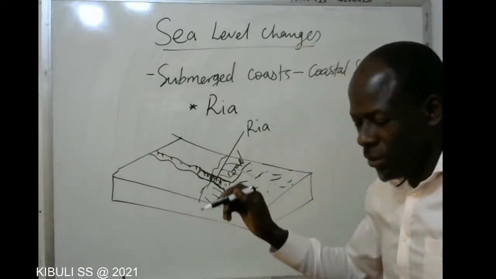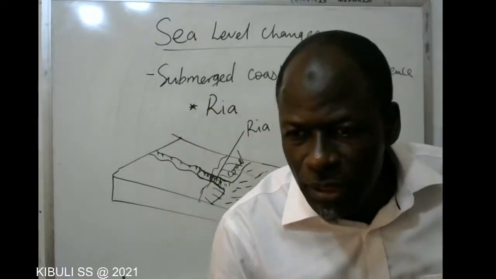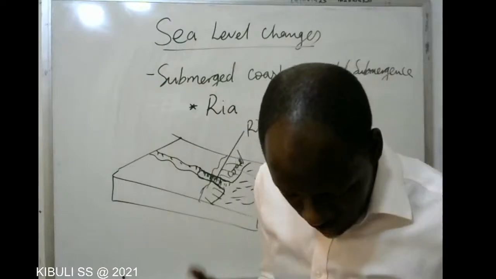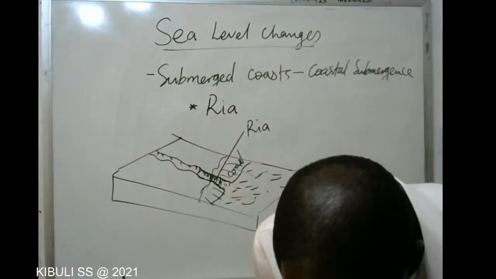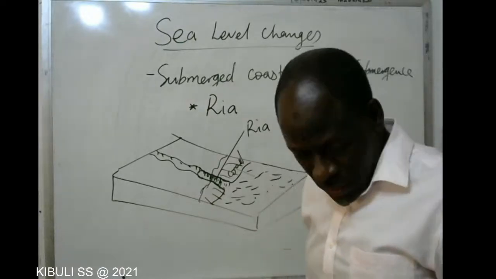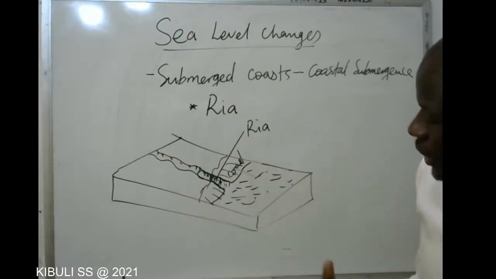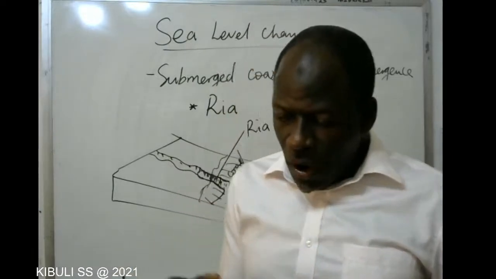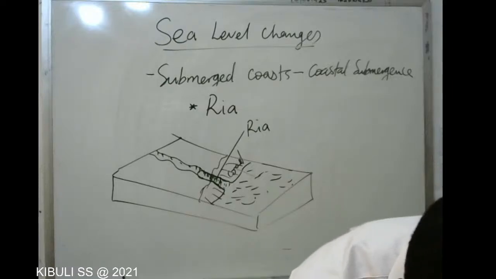It is a narrow, long river valley which has been drowned or flooded by sea water resulting from a rise in sea level. And at Mombasa and Dar es Salaam we have rias, and actually these areas are said to be drowned river mouths, where we have the harbors of Mombasa and Dar es Salaam along the coast of East Africa.